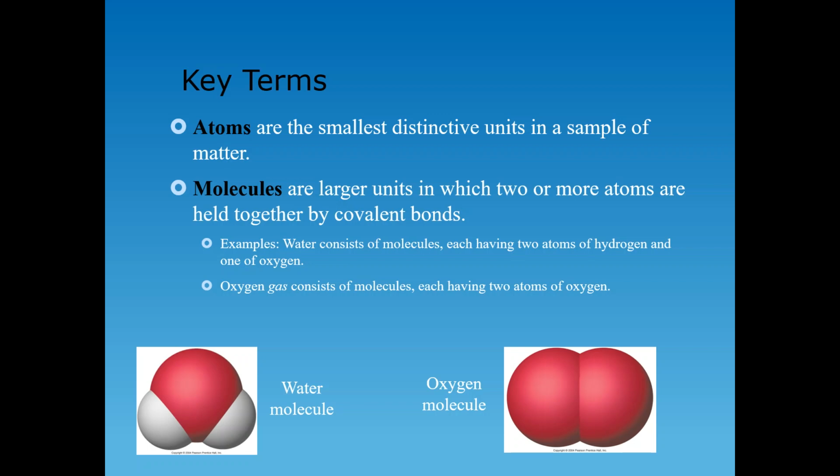A simple example of a molecule is water, because each water molecule consists of 2 hydrogen atoms and 1 oxygen atom. Another example is oxygen gas, because oxygen exists in nature as a diatomic gas, which means each molecule has 2 atoms making it up, as you can see in this diagram right here.